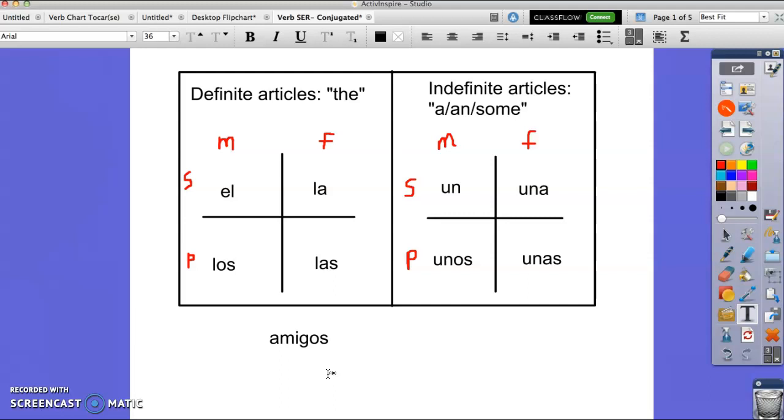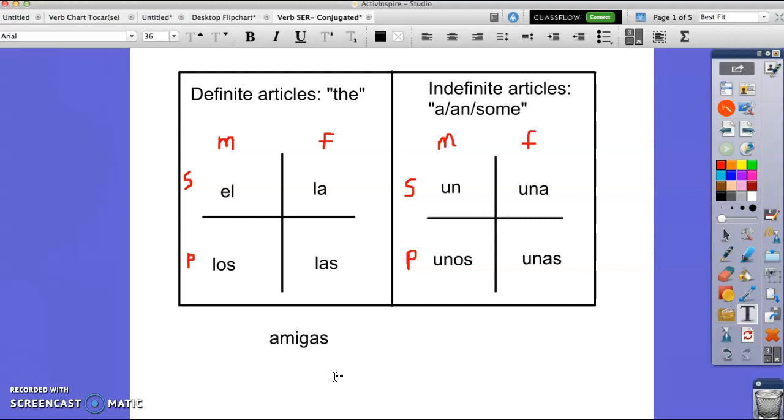Los, okay? And then what if I want to change this to the feminine form? So let's say I'm saying a group of friends that are girls, and I want to say some friends that are girls, some girlfriends. Which one am I going to use? Unas is the right answer.